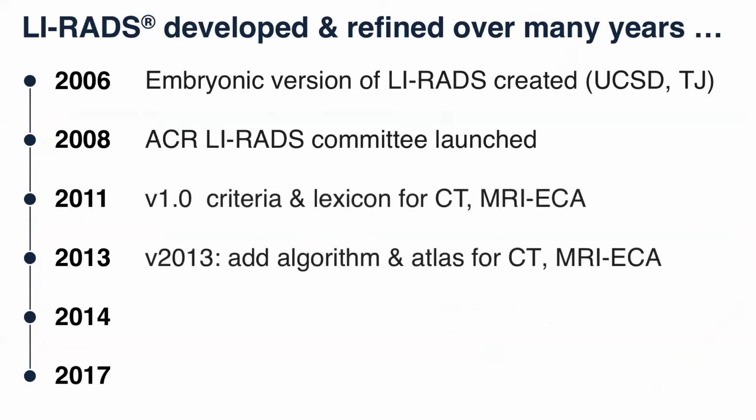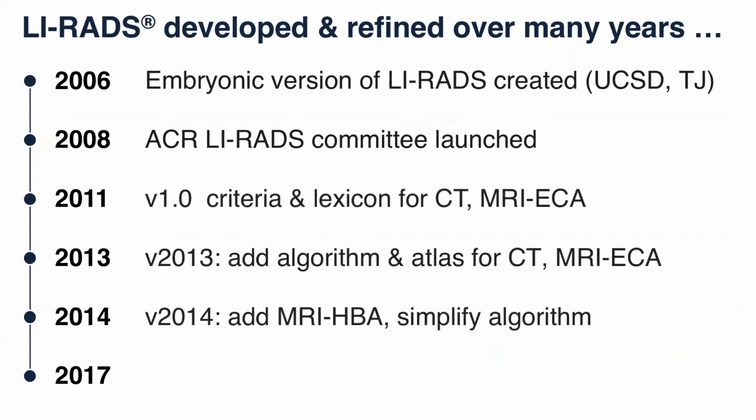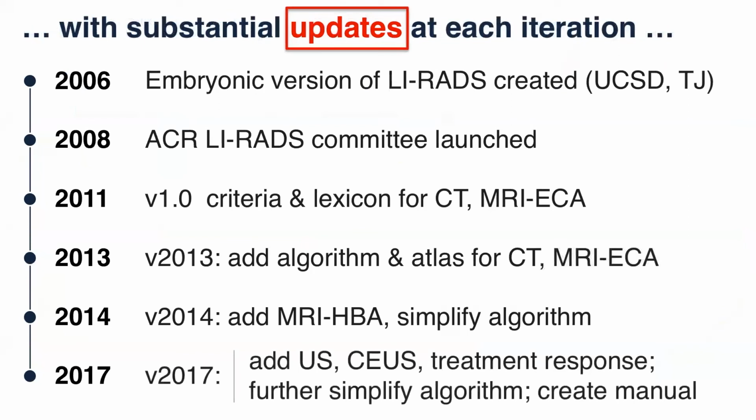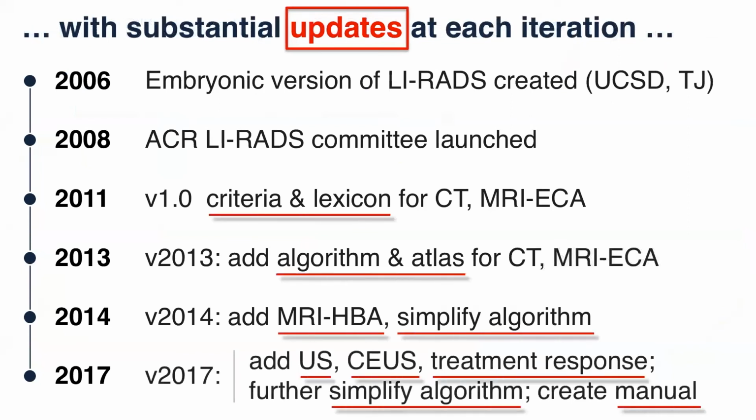We added an algorithm, but notice it still applied only to CT and MRI with extracellular agents. In 2014, we added hepatobiliary agents such as gadoxetate. In 2017, we added ultrasound, contrast-enhanced ultrasound, treatment response algorithm, and we are now in the process of creating a manual. So at each time point, there were substantial updates, as I just mentioned.